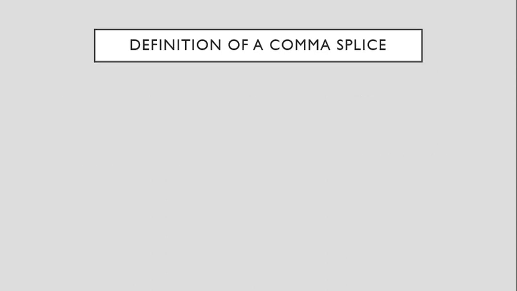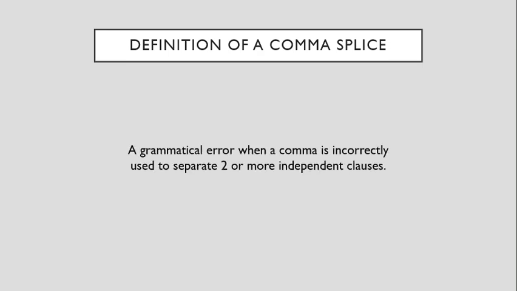All right, the first thing I want to give everyone is the definition of a comma splice. Here is the formal definition. A comma splice is a grammatical error when a comma is incorrectly used to separate two or more independent clauses.